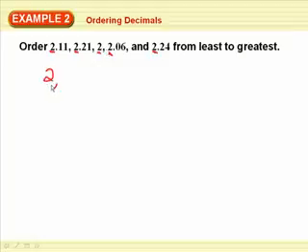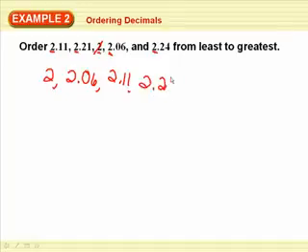And then you start going up and you can eliminate. This is like $2.06. Well, that's the next smallest money amount. Then 2.11, then 2.21, then 2.24. And I'm just looking at it like money. It's just easier because decimals, I use money every day and I can relate to it.